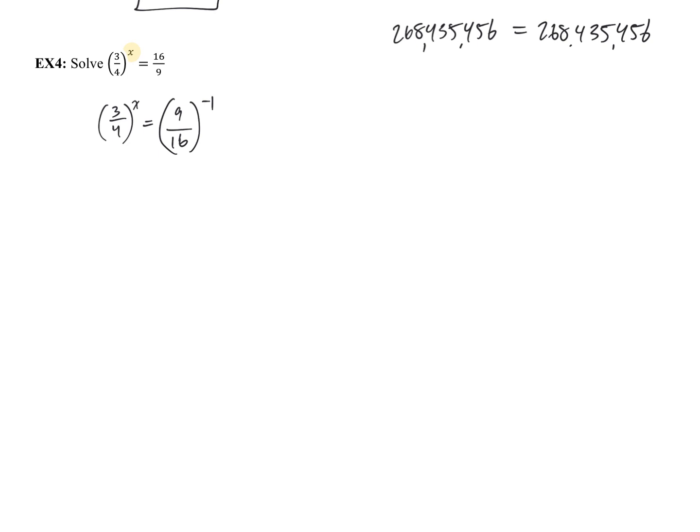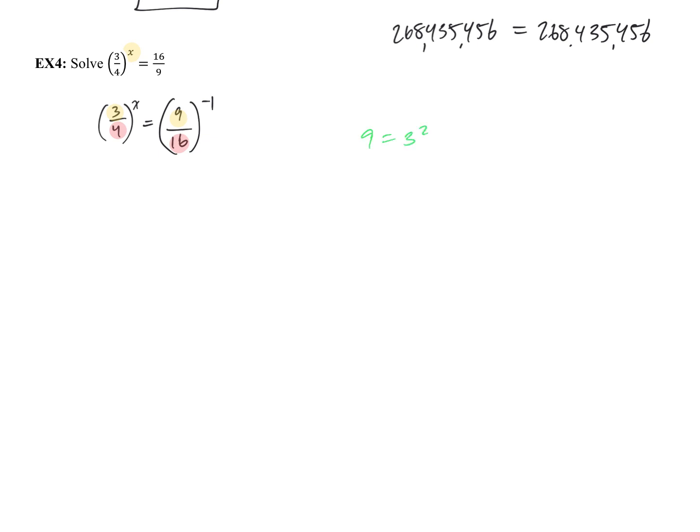Okay, so now I have the 4 and the 16, which have a similar thing, and the 3 and the 9, which have a similar thing. They're lined up together. That's good. Let's see. Hey, 9 is 3 squared, and 16 is 4 squared.